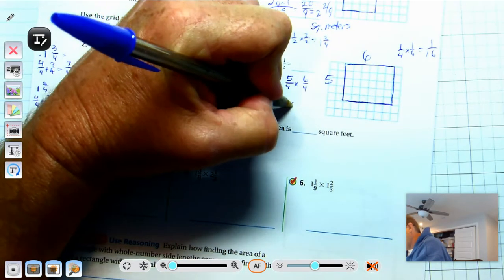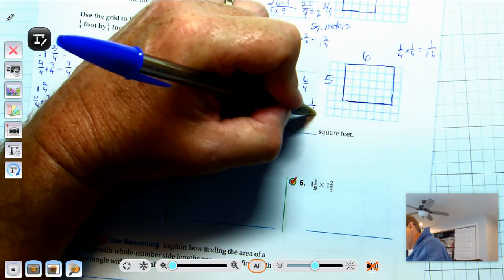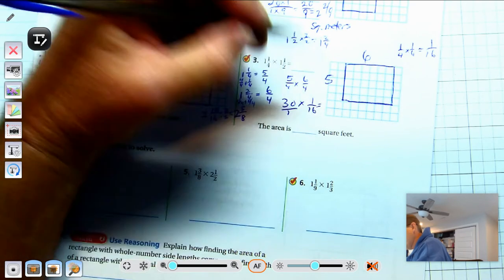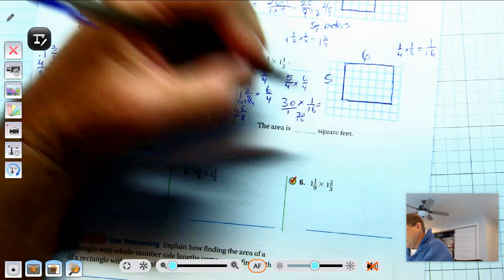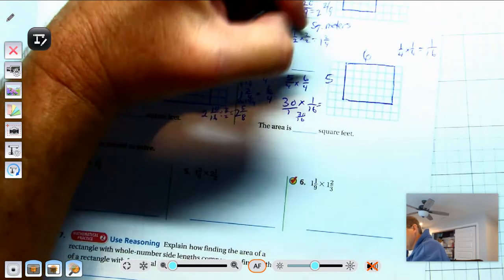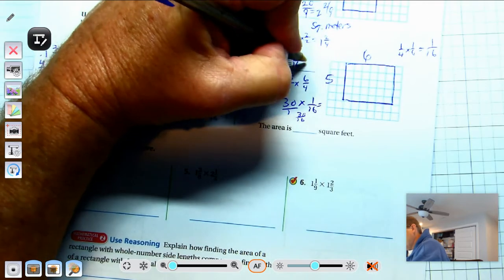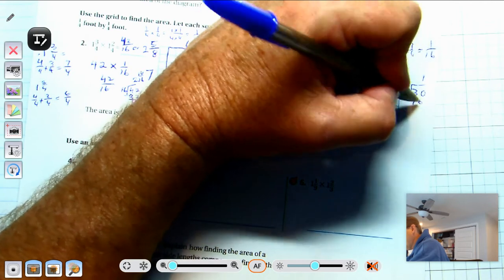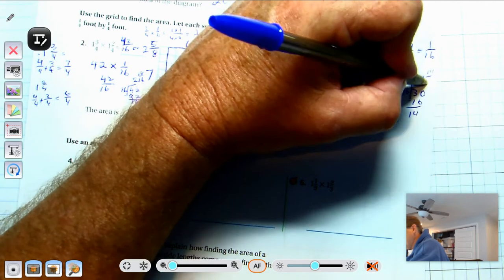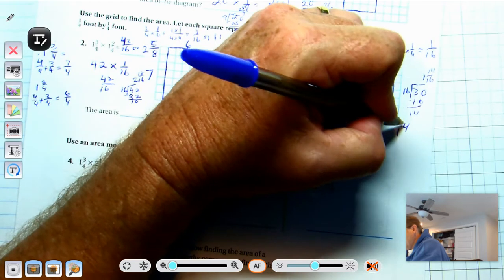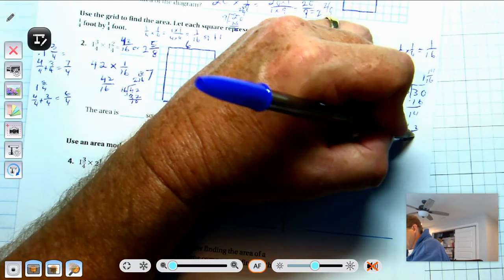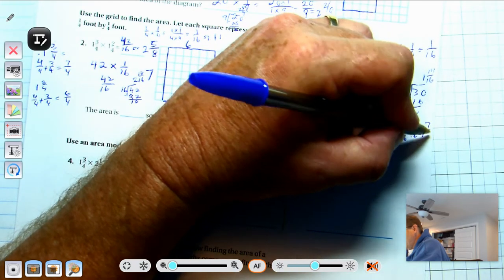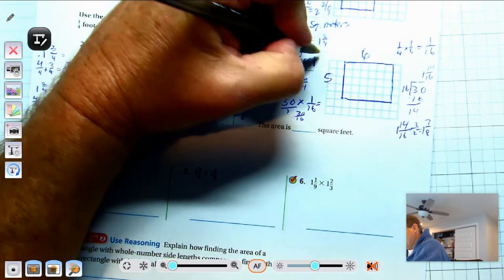So 30 times 1/16, which is 30/16. So 30/16, or reduce: 1 with a remainder of 14. 1 14/16, I can divide by 2, and I'd wind up with 1 7/8.